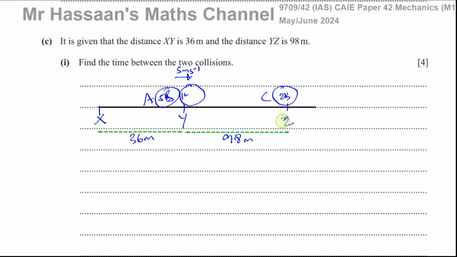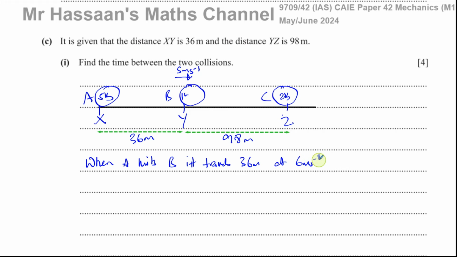Okay, and how many seconds did it take for A to hit B? We've got to work that out. Okay, now A hits B, A travels 36 meters. Okay, and so when A hits B, it travels 36 meters at 6 meters per second.